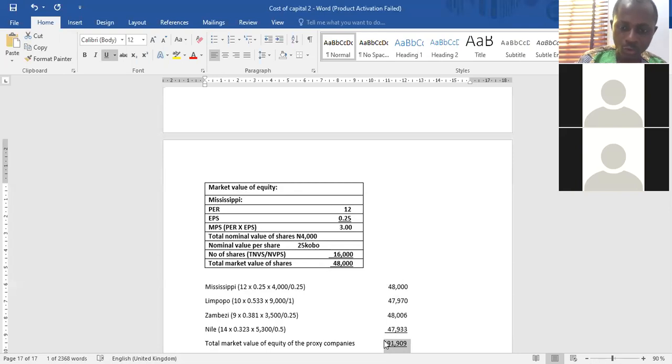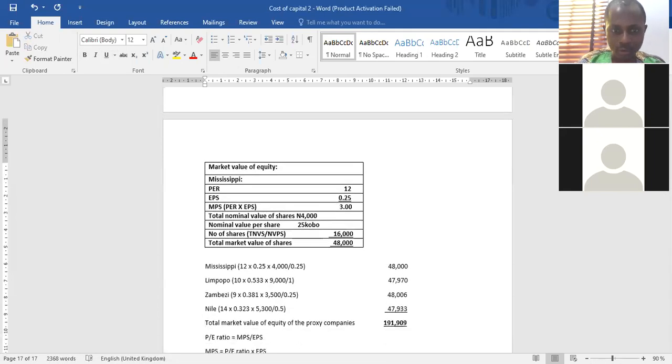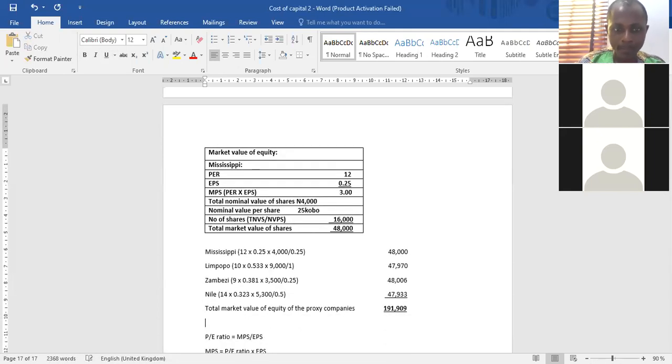So, what is the market value of debt? The debt of this company is all non-traded, they are bank loans.